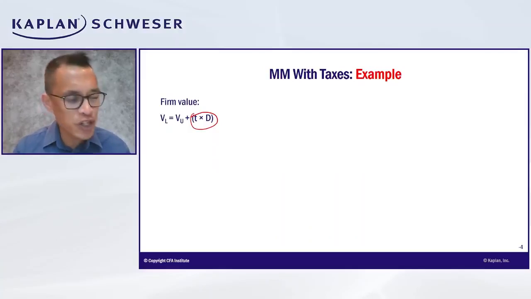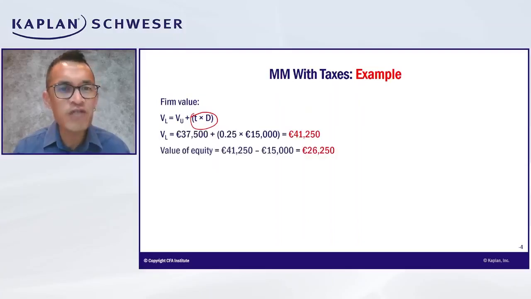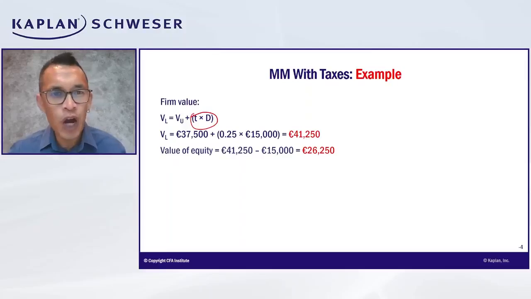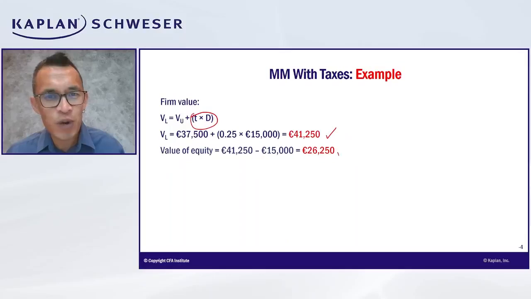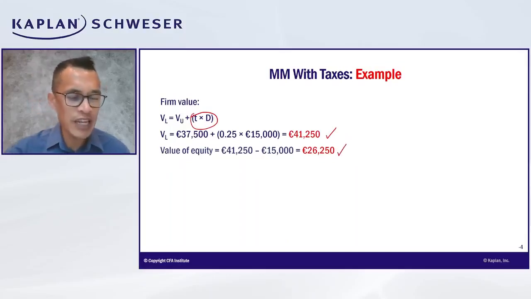This is going to add 25% of 15,000, or 3,750, in order to give us a revised value of the firm of 41,250. The debt value is still the same at 15,000, and that's going to leave 26,250 as the equity value. So that's the change once we take into account the tax shield.